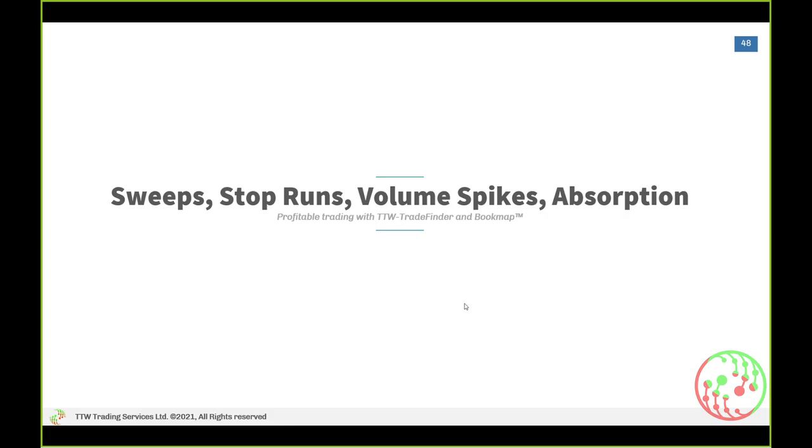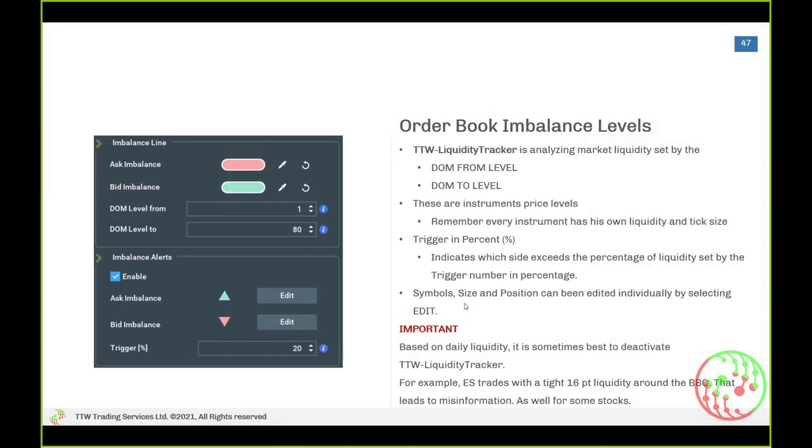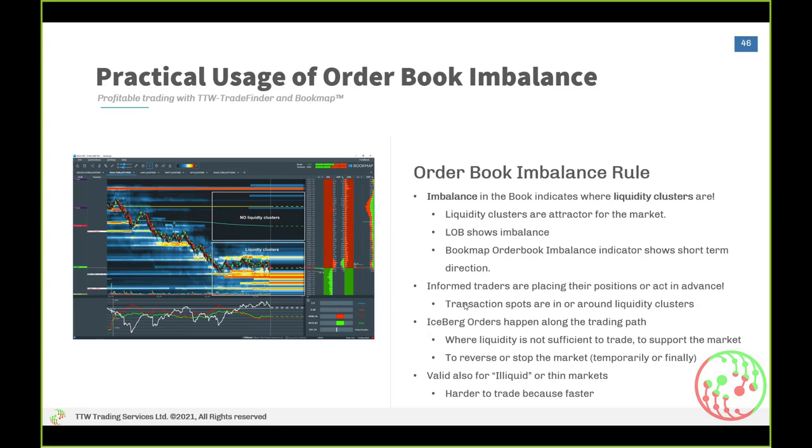Yeah. But can I ask one question? It's about the slide before. That's one of the big mysteries for me using Bookmap, where there's this zone where there's no liquidity. And yes, this one.